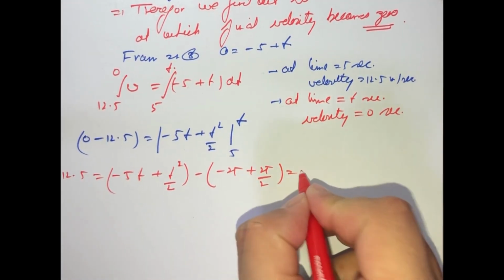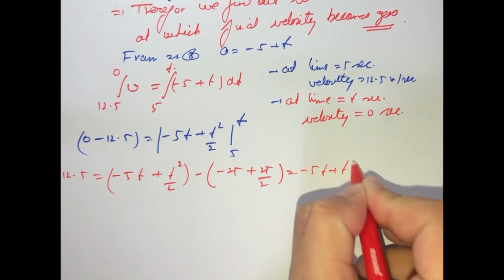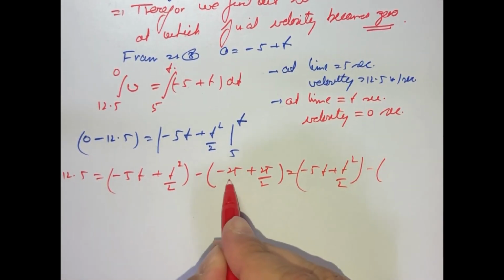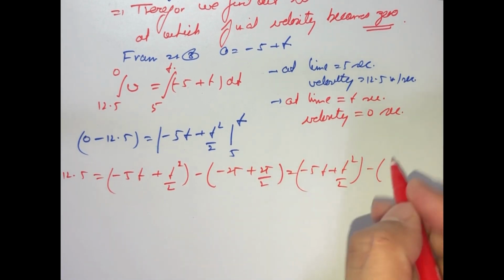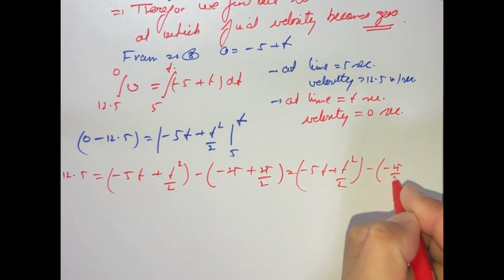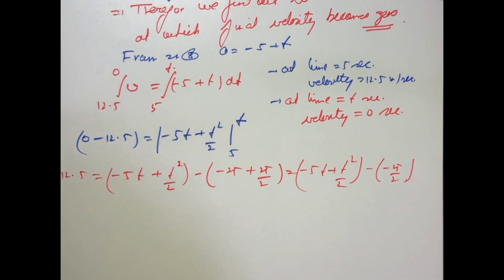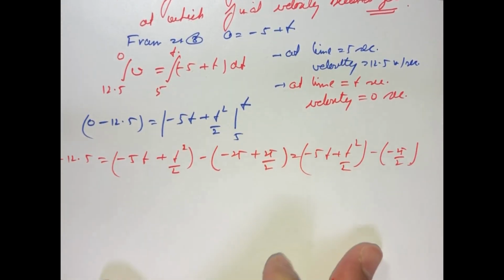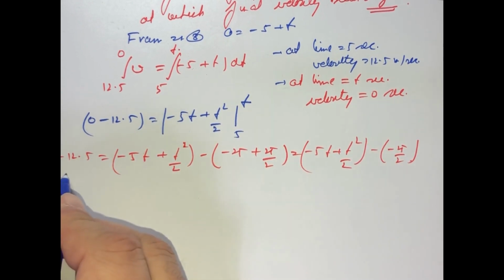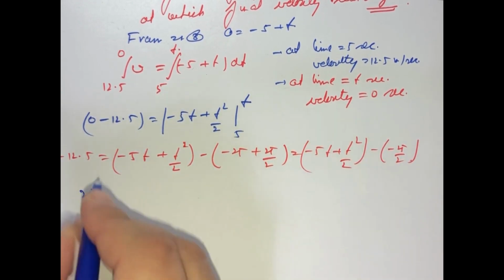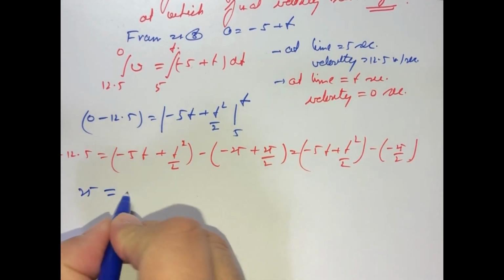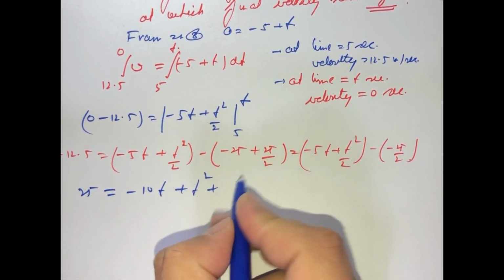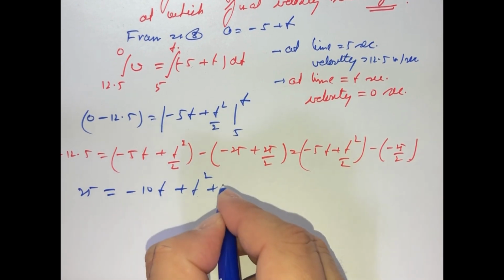So we get this as minus of 10t plus t square and plus 25.